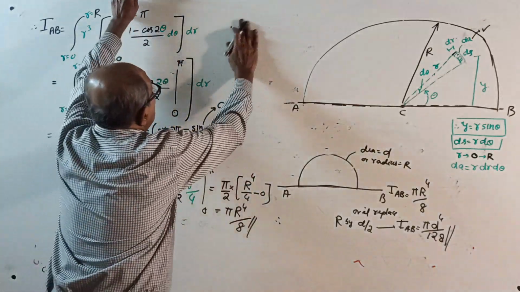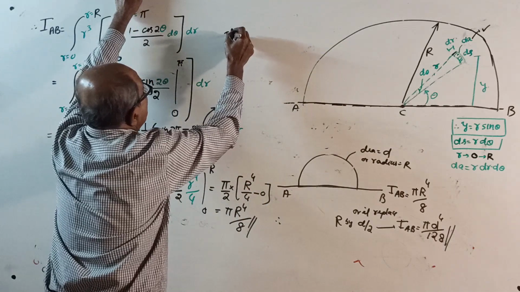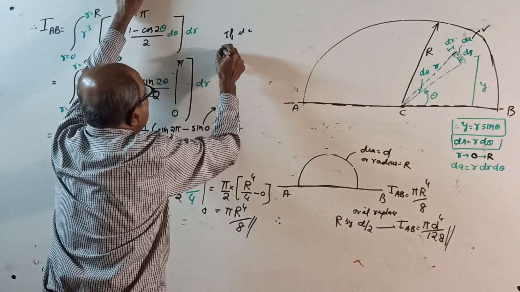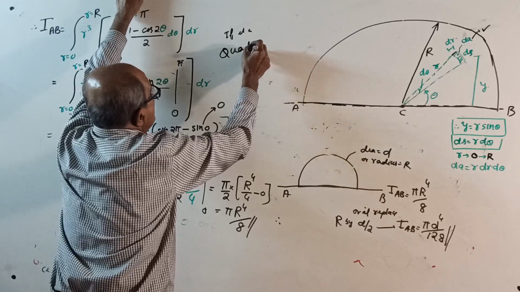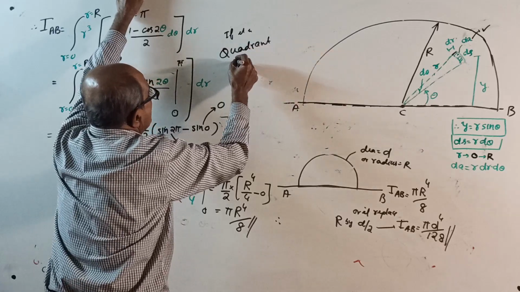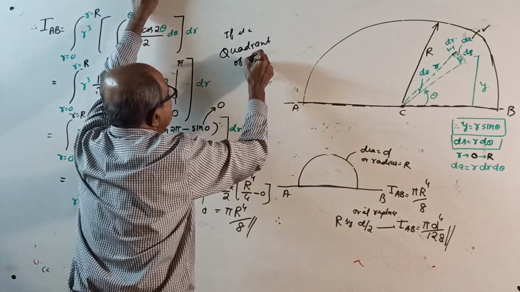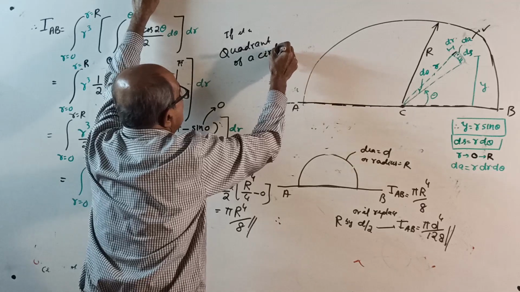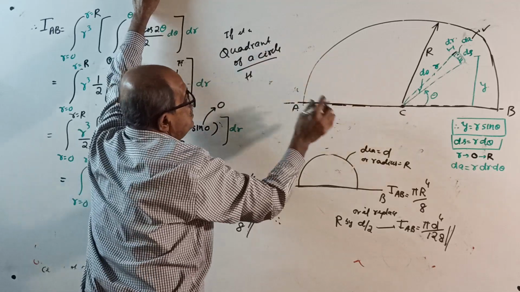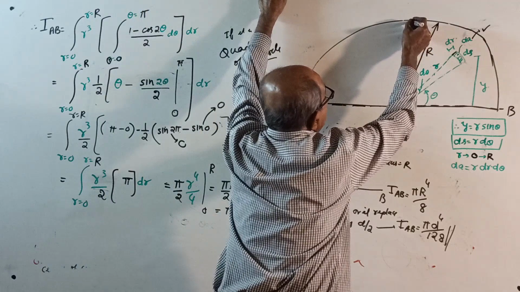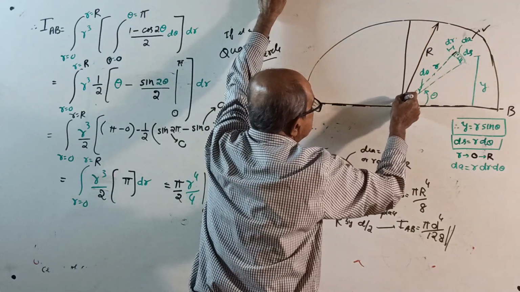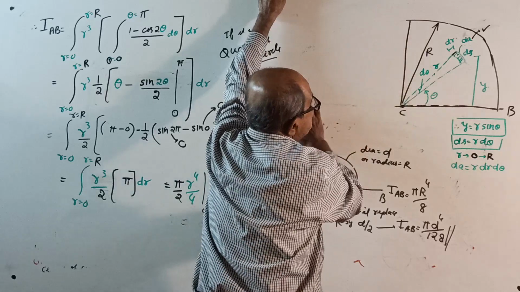Now make one more note. Suppose it is a quadrant of a circle. Then you should write the sketch only this much. This is the sketch you have to write.